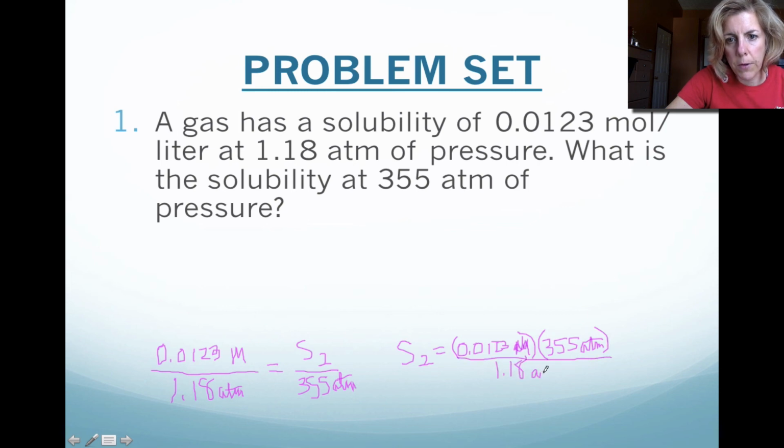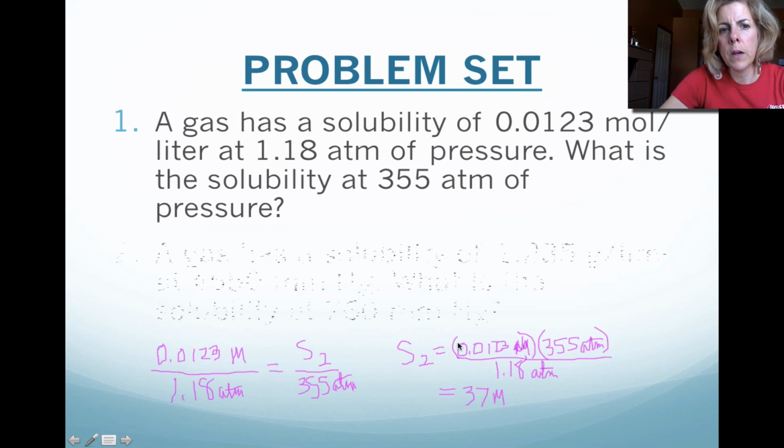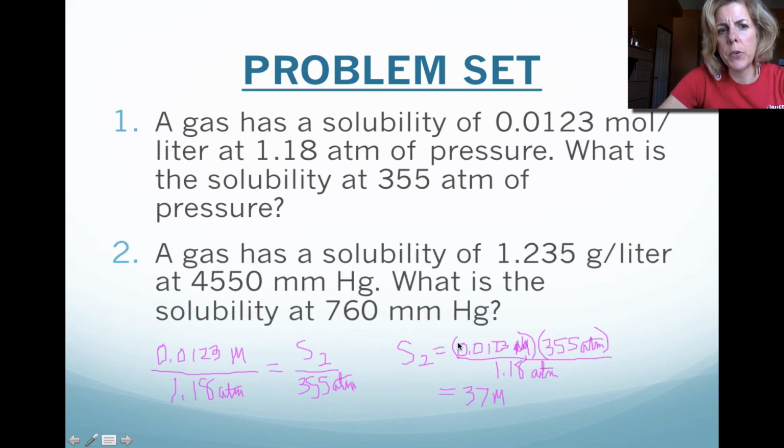When you solve for this, you should get 3.7 molarity. I want you to try number 2 on your own, see what you get, and we'll go over that in class.